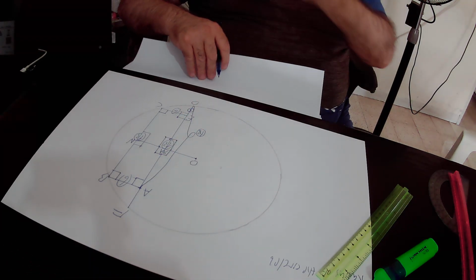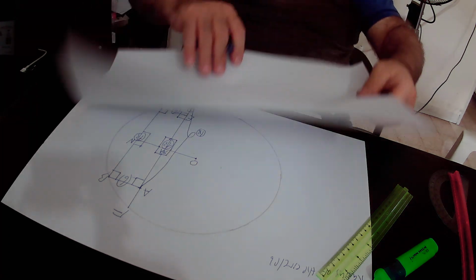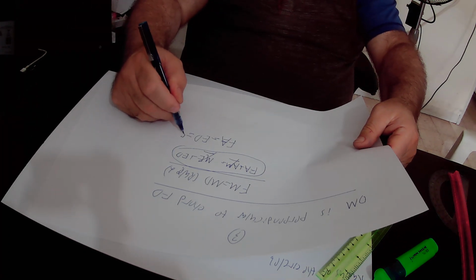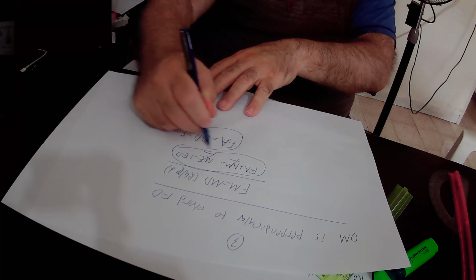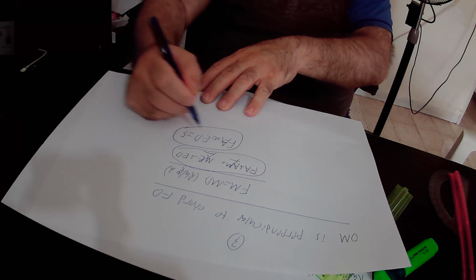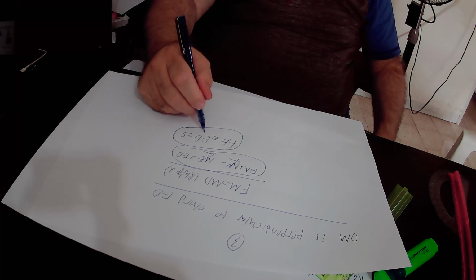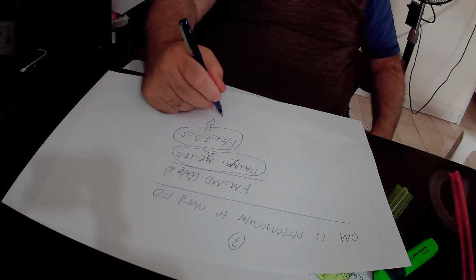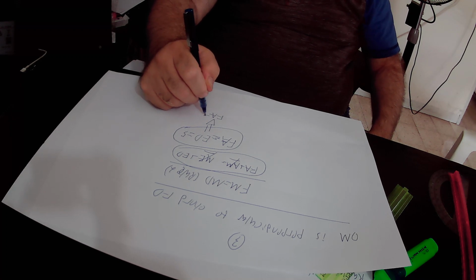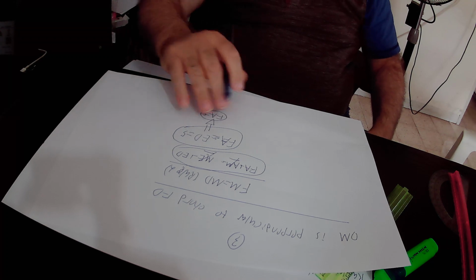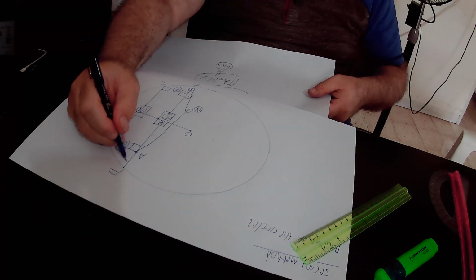But we have already found out that line segment ED equals 5 units. So FA equals ED equals 5, and we derive that FA is also equal to 5 units.